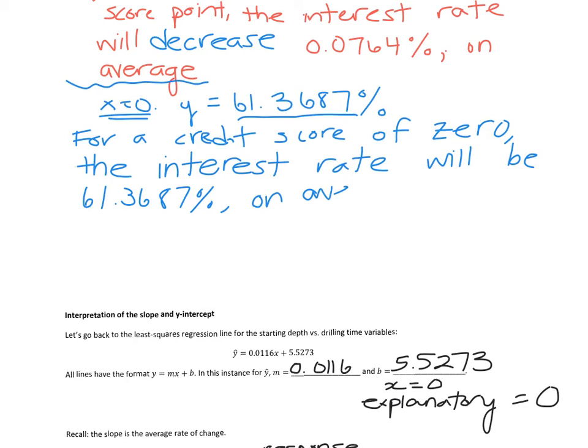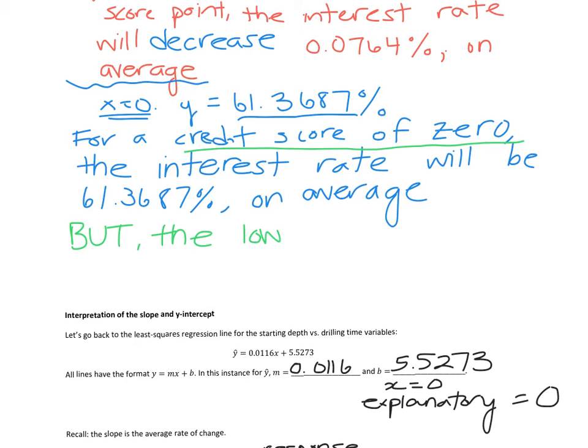On average. All right, but is there such thing as a credit score of 0? No. The lowest you can be, if you look at the top of your page, it says the range of the credit scores, and the range is 300 to 850. So the lowest credit score is 300.